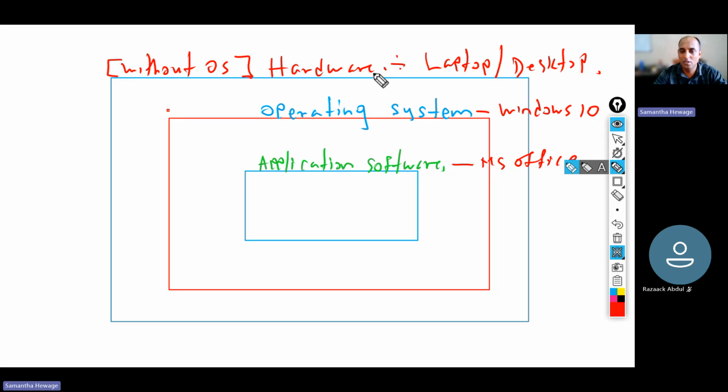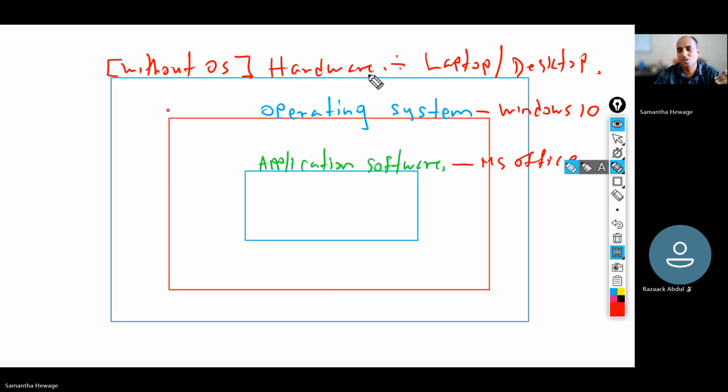Why do we install web browsing software, for example, Mozilla Firefox or Google Chrome? To access the internet easily, right? Why do we use photo editing software like Photoshop? To do photo editing. So specific applications do specific tasks.